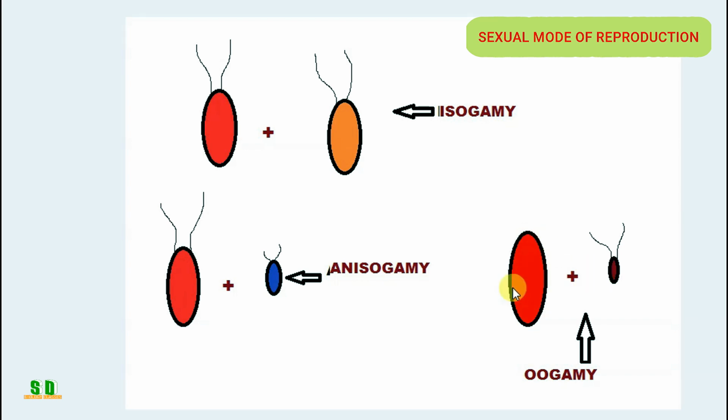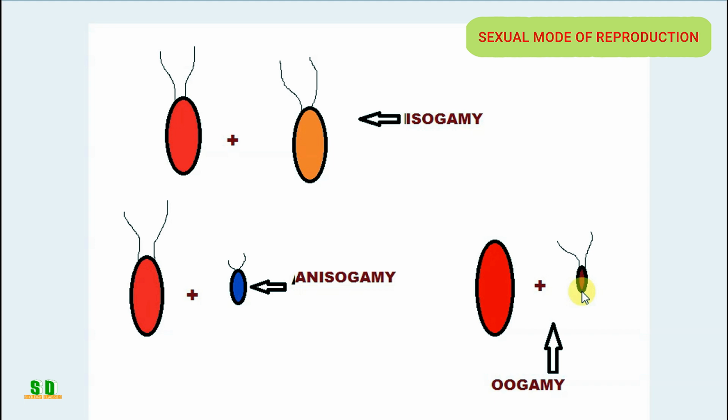Both of them fuse to each other and help in sexual mode of reproduction. The larger female gamete, the non-motile female gamete, is also called the egg, whereas the small-sized motile flagellated male gamete is called the spermatozoid or antherozoid. Example is Oedogonium.